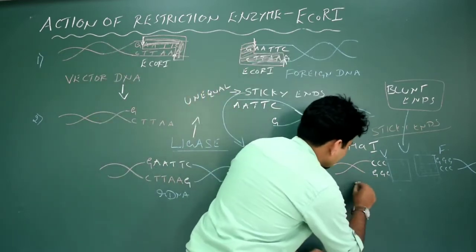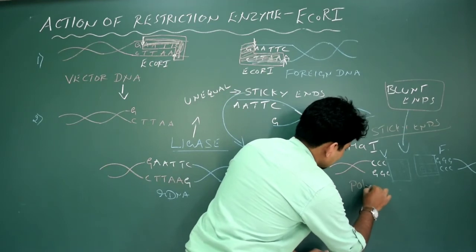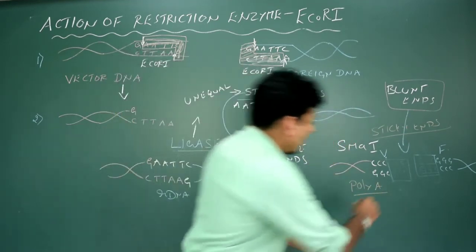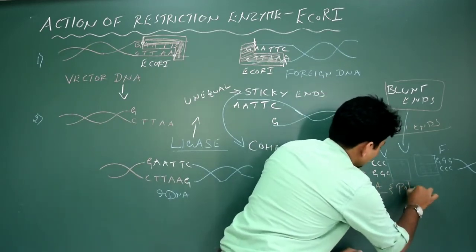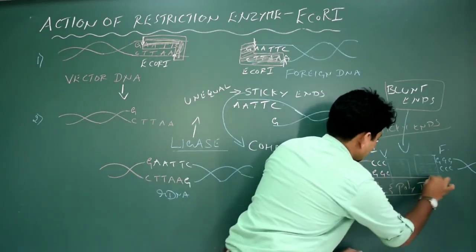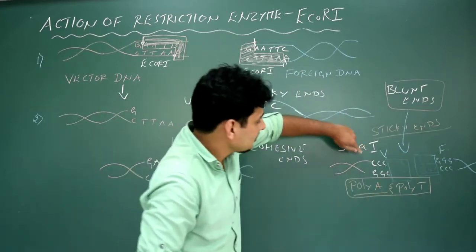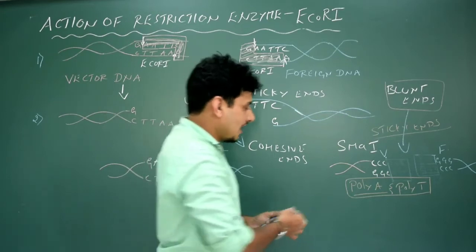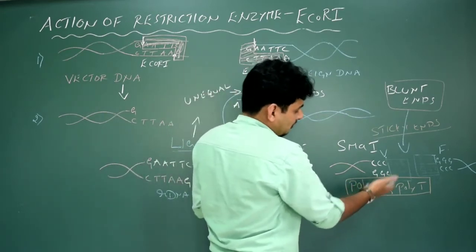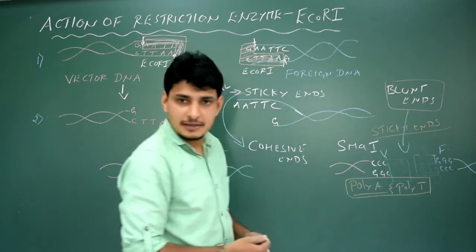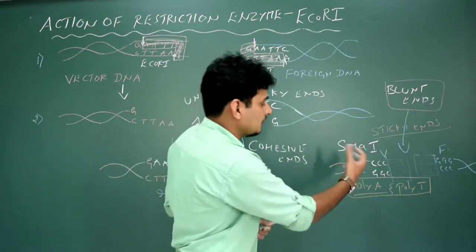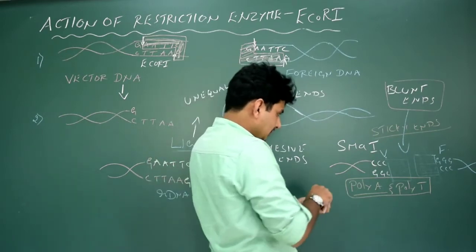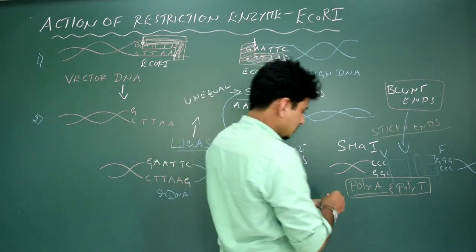So we need an extra procedure, that is nothing but addition of adenosine and addition of thymine to the vector DNA as well as the foreign DNA. This is nothing but poly A and poly T, added to the terminal end of this particular DNA. I will use pink color, so it will be easy.